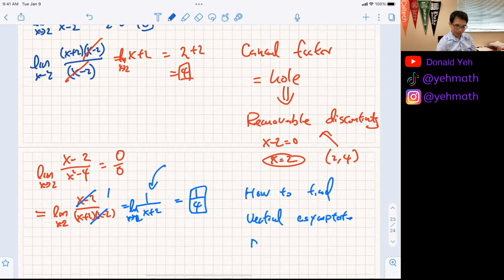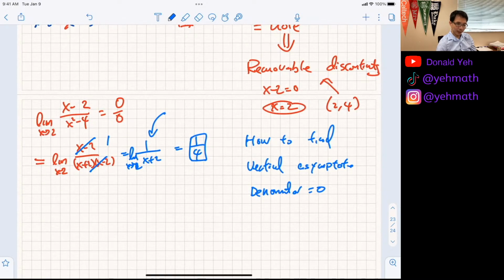It's the denominator. After you cancel, the denominator equal to 0. I just don't know how to spell things. So when the denominator equals 0 after you cancel, I'm telling you it says after cancel, not before you cancel.